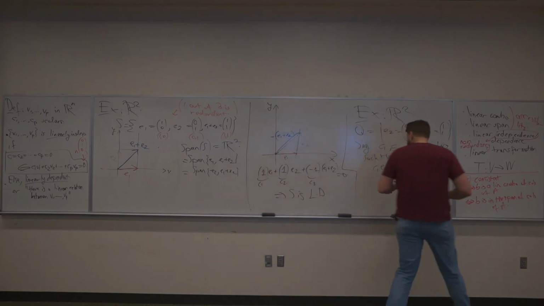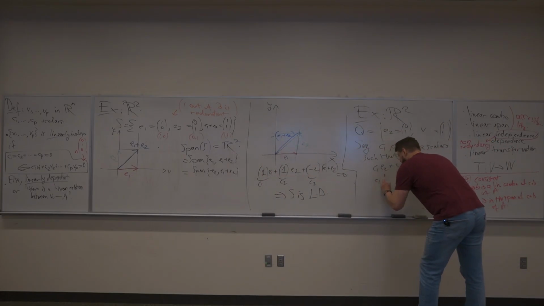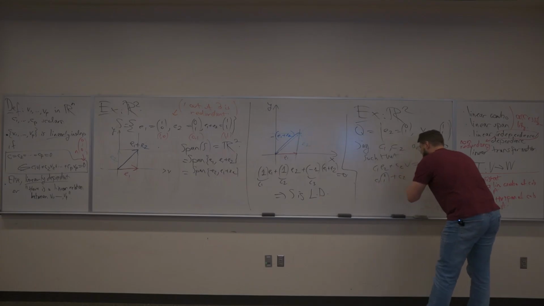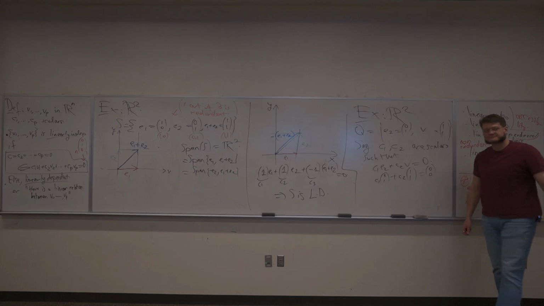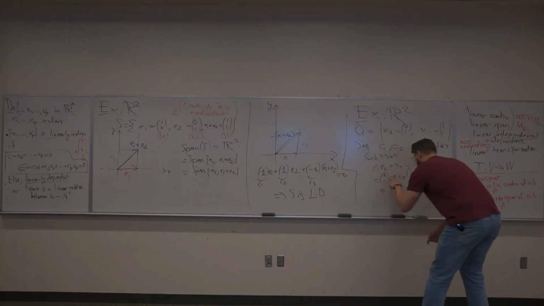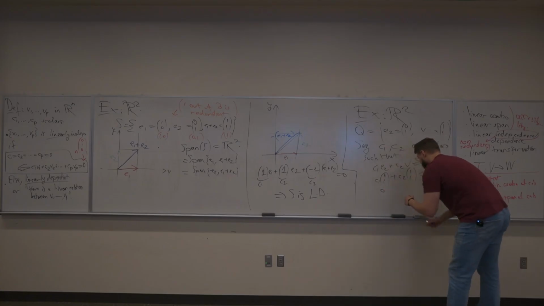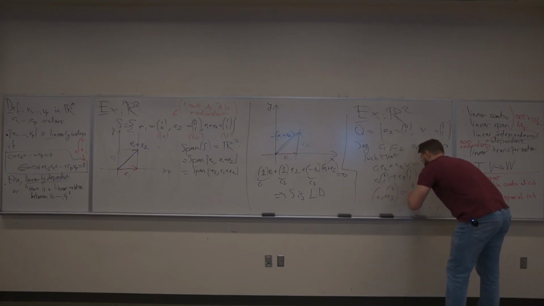So let's open this up. C1 times (0, 1) plus C2 times (1, 1) is (0, 0). Matrix algebra, or linear combinations, all that stuff.